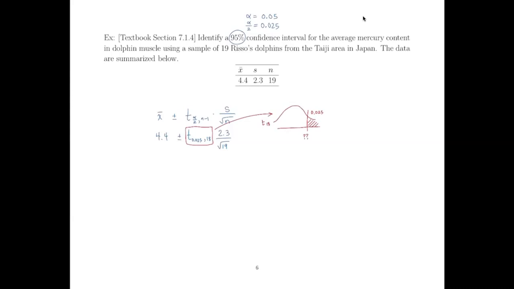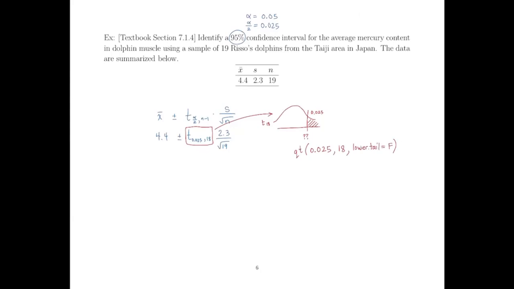If we have the probability and we want the value, our function is going to be Q, and because it's a t distribution, it's T. So qt, we feed it the area, 0.025, and the degrees of freedom, which is 18. I'm also going to set lower.tail equal to false to make sure that I get the area to the right and not the area to the left.